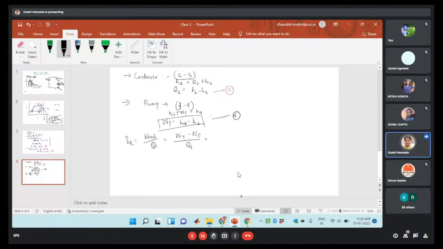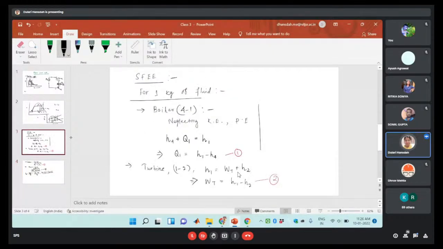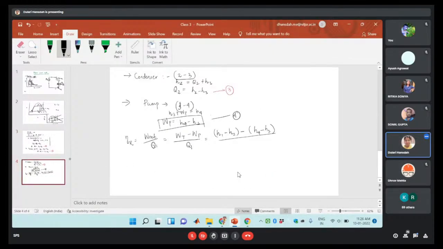The turbine work in terms of enthalpy is H1 minus H2, minus WP, which in terms of enthalpy difference is H4 minus H3. The heat addition is H1 minus H4. In this form also you can find the efficiency of the Rankine cycle.